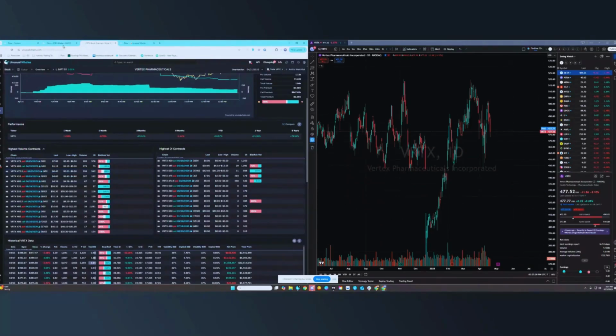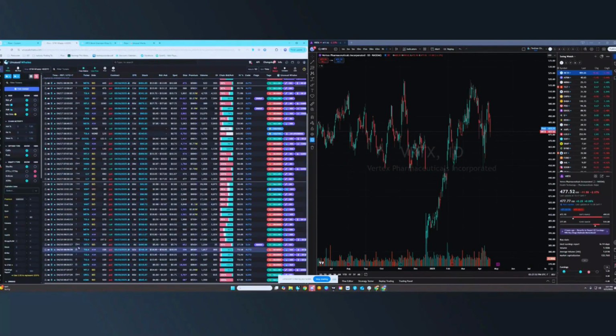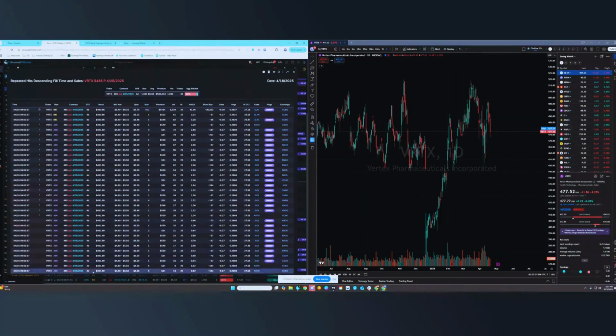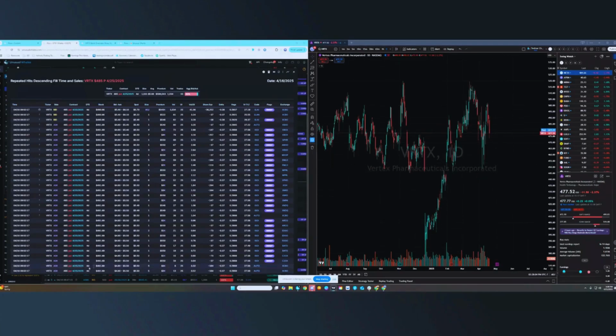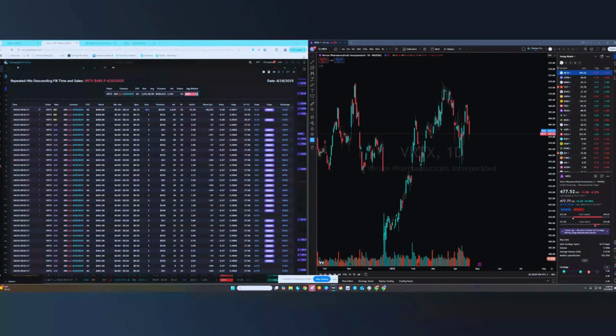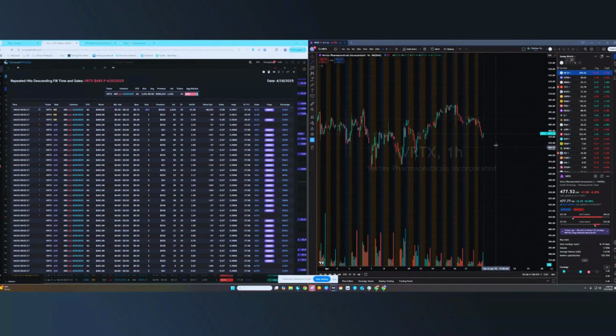Okay, so we know that the flow right here is going to be $550 each, 485 strike. Therefore, our break even is going to be 479.50 by this Friday. We can even go hourly because it's a shorter time frame. These came in at 9 o'clock Pacific. So boom, boom. 479, or what am I doing?